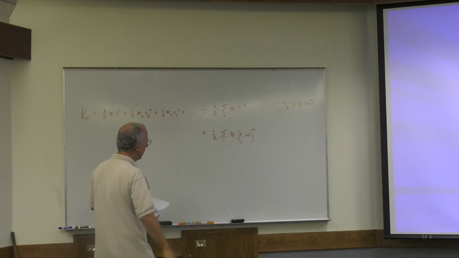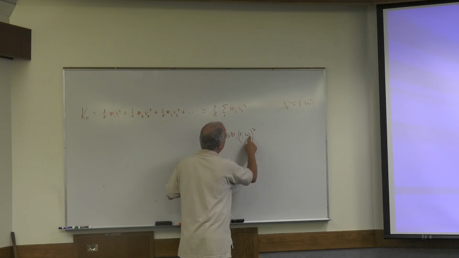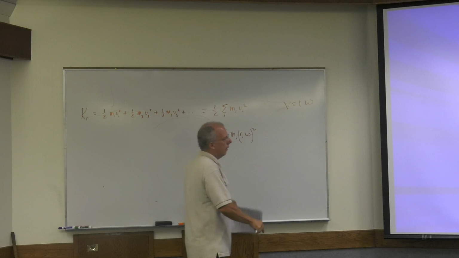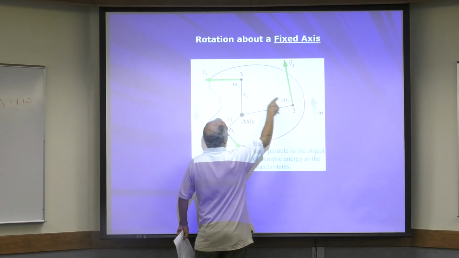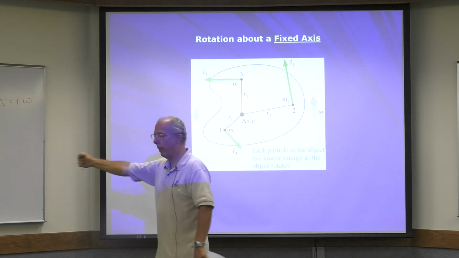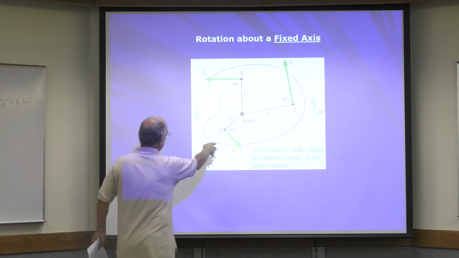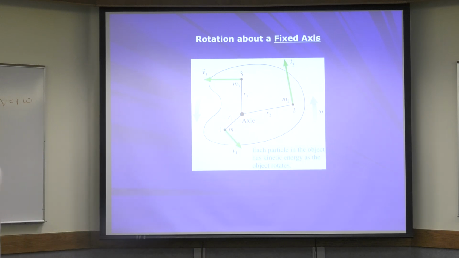Now, wait a second. Did I make a mistake? How come I didn't have to put a little subscript under the omega? Because the omega here is the same as the omega there, the same as the omega there. It's the same omega. Every point that makes up this thing has the same omega, so I did not need to put a subscript on the omega.